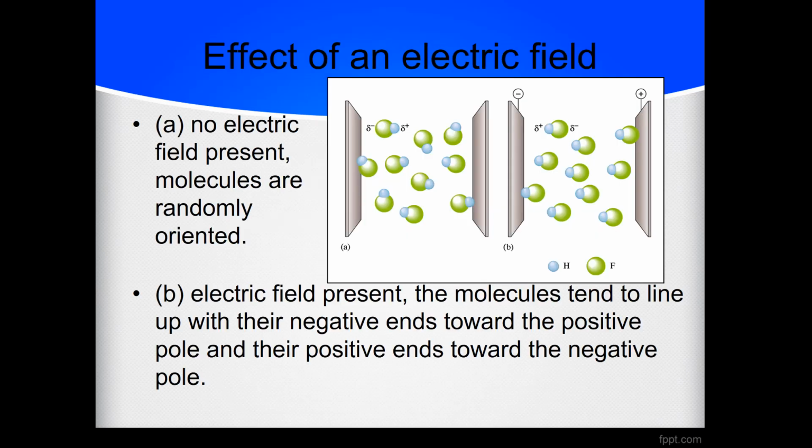An interesting effect of polarity is that when you get polar molecules inside of an electric field, they wind up lining up in that electric field. One application of this is the MRI, the magnetic resonance imaging machine.